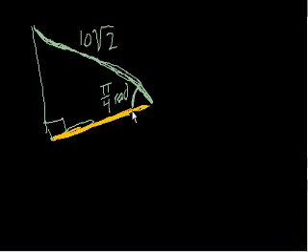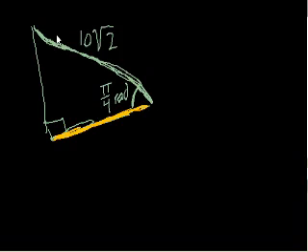So let's figure out what we know and what we need to figure out. We know the angle, pi over 4 radians. And actually, if you were to convert that to degrees, it'd be 45 degrees. And we know, what side is this? This is the hypotenuse of the triangle, right? And what are we trying to figure out? Are we trying to figure out the hypotenuse, the adjacent side to the angle, or the opposite side to the angle?